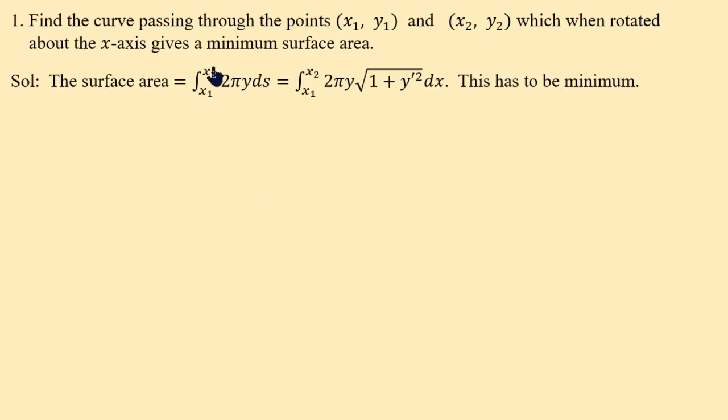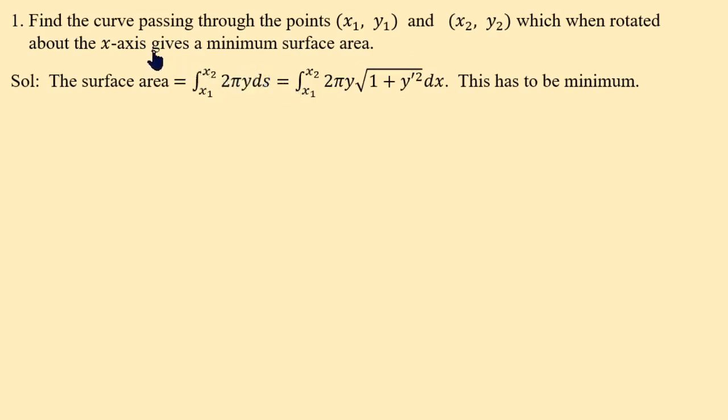Therefore, the surface is nothing but the integral from x1 to x2 of 2 pi y ds. We know that ds by dx is root of 1 plus y dash square. Therefore, ds is replaced by root of 1 plus y dash square into dx. Now, this is your surface area.